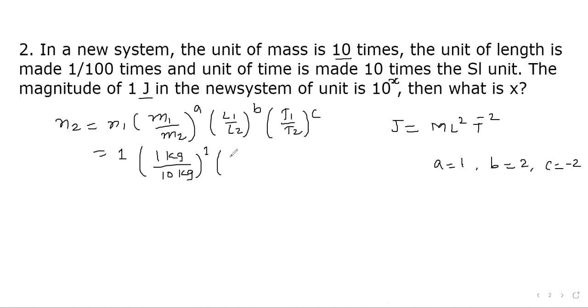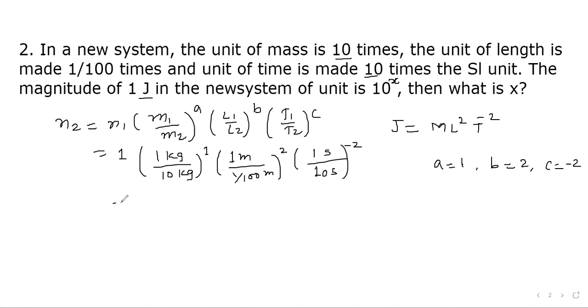L1 is 1 meter, in the new unit it is 1 by 100 meter, power 2. Time is 1 second, and in the new unit it is 10 second, whole power -2.